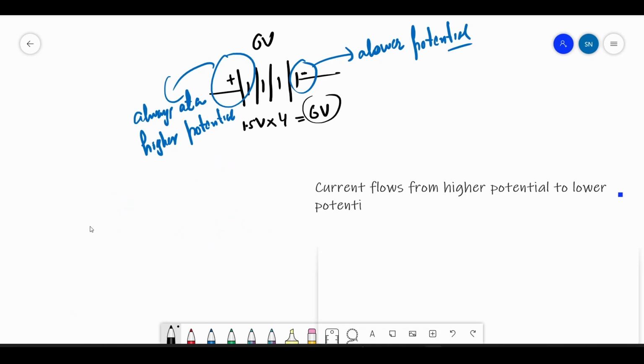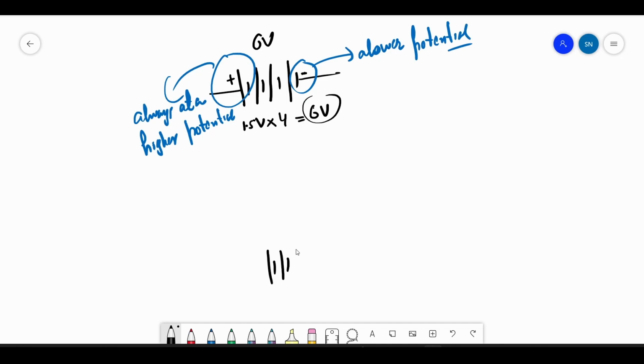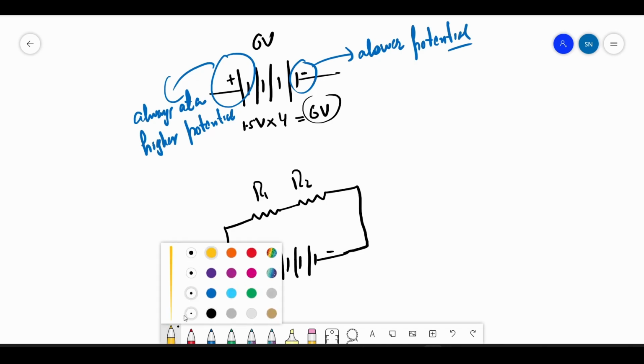Now, coming back to our battery. Current, if this positive terminal is at a higher potential, and this negative terminal is at a lower potential, and it's connected to some load, won't current then be flowing in this direction?